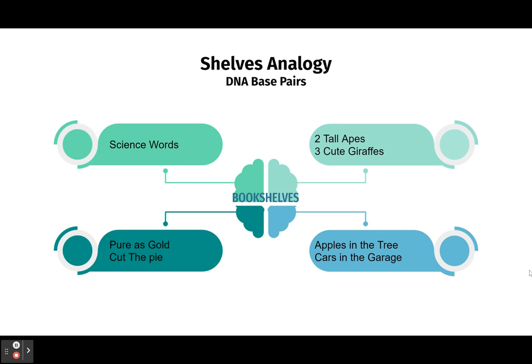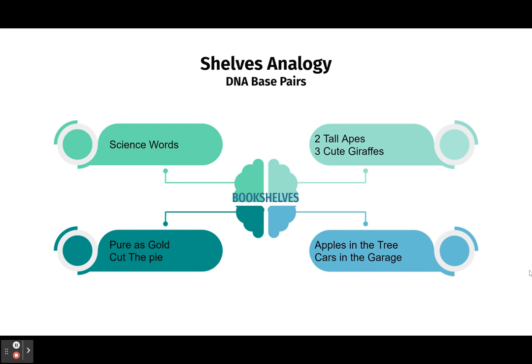So we already have a shelf that has a lot of science words connected to it. But we use a lot of mnemonics and different sayings to help them link these base pairs together. Pure as gold helps us remember adenine and guanine, because the A from "as" and G from "gold": adenine and guanine are purines.